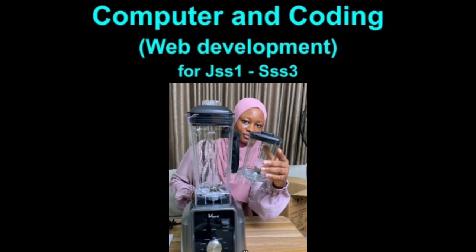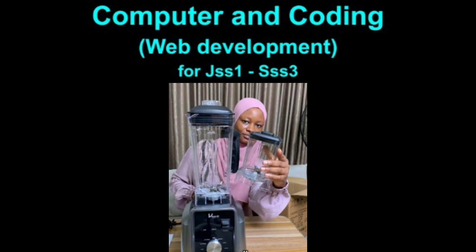It will know that it is a picture, start processing it, and when it finishes processing, it will store it, and when it finishes storing it, it will bring it onto your screen as a picture that you are going to see. The same thing goes for the pepper you are blending. Whenever you blend the pepper, it gets processed by the blade, and when the texture is okay, the user of that machine will pour it out, and that is the result the person wants.